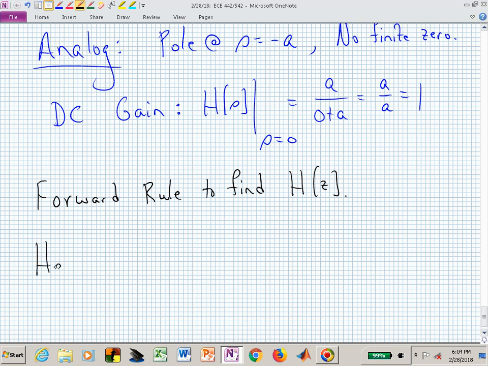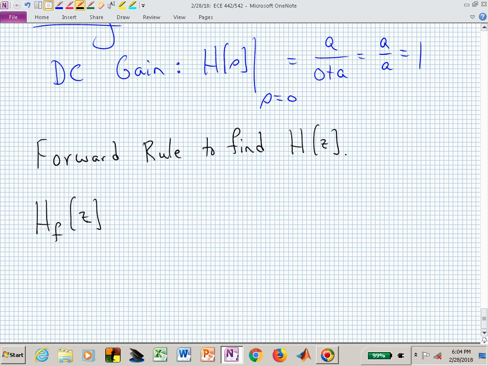I'm going to call that H subscript F, for the forward rule, because we're going to look at different rules to convert from an H of S to a different capital H of Z. The process was to start with H of S, and everywhere we had an S, we would replace it with what we derived the relationship to be, which was this factor z minus 1 over T.